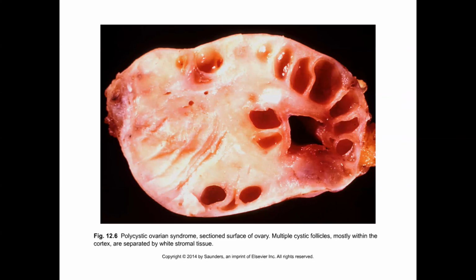Polycystic ovarian syndrome can sometimes produce enlarged ovaries and create problems, of course, in terms of fertility, and also lead to potential hypersecretion of hormones and non-cycling menstrual abnormalities, and potentially even endometrial neoplasia.